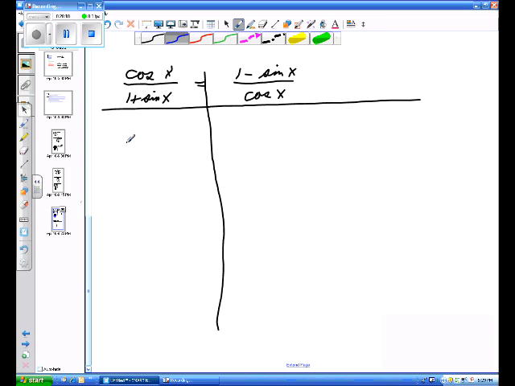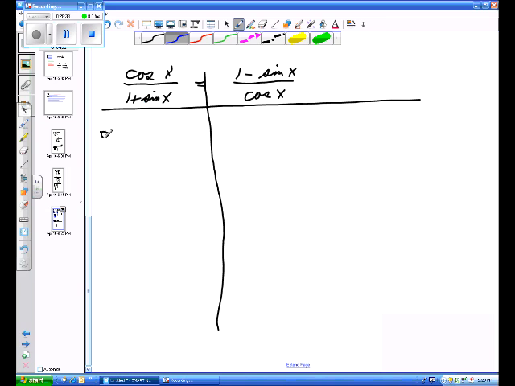This will give you an idea of just another technique that you can use. The cosine's there, but I'm wanting to end up with a 1 minus sine in my numerator. That's pretty difficult to do since I don't have anything squared.